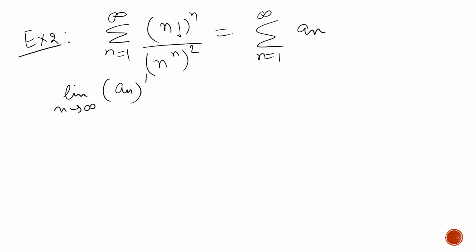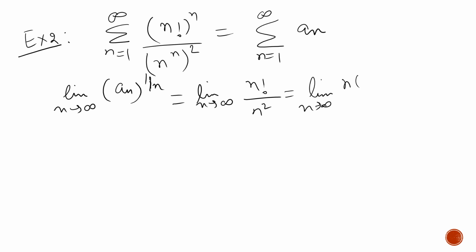I'll write it as this, which is equal to... I'm just writing n factorial as n into (n minus 1) factorial and n squared as n into n.